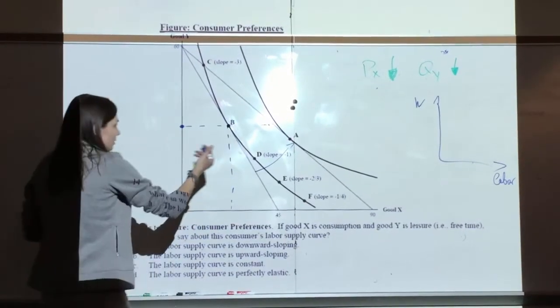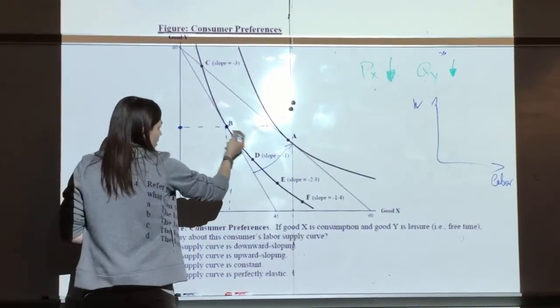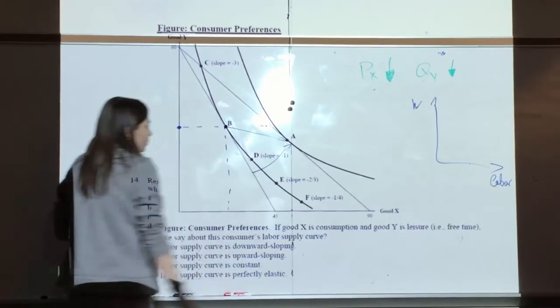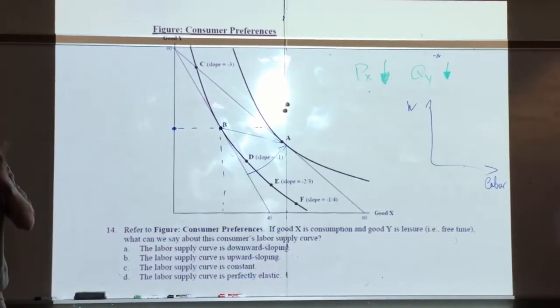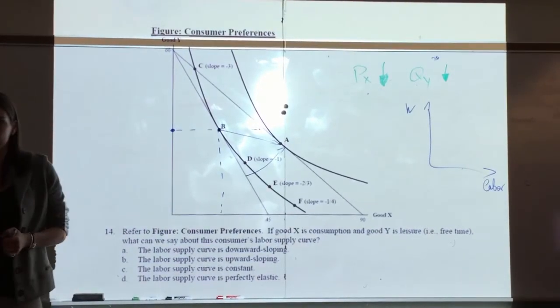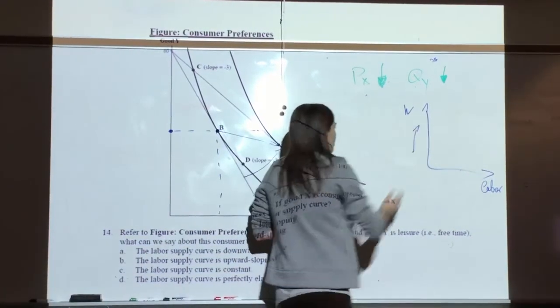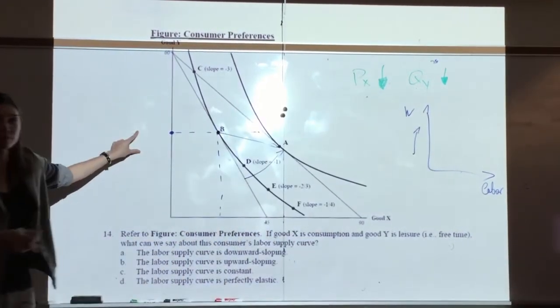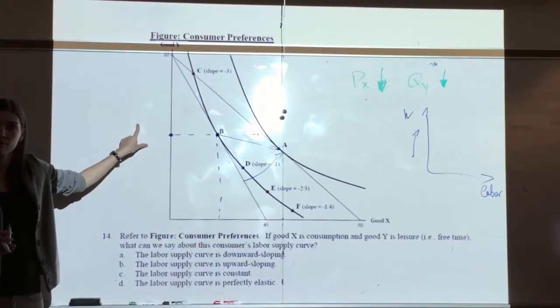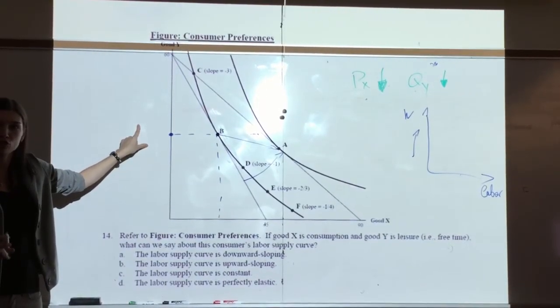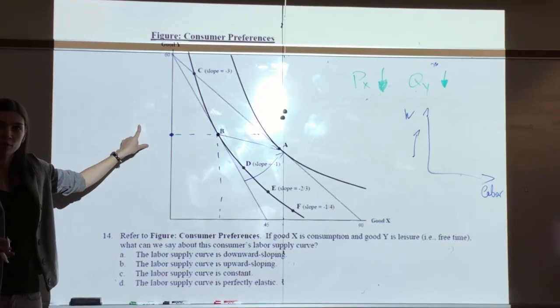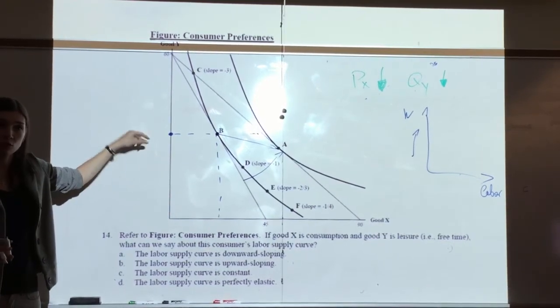All right. So we know that the end result, as we already saw, is going to be a move from B to A. And this is as wages go up. So as wage goes up, what happens to my leisure, my Y variable? We just saw that before. It goes down.